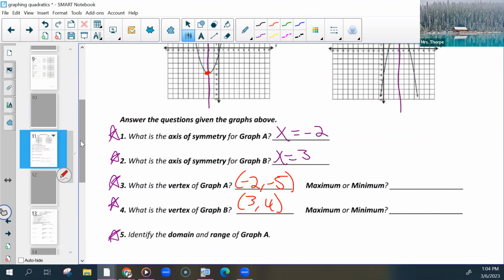And then remember that the maximum is your highest point, minimum is your lowest point. Does graph A have a maximum or a minimum? Minimum, it's the lowest point. So then graph B has a maximum.